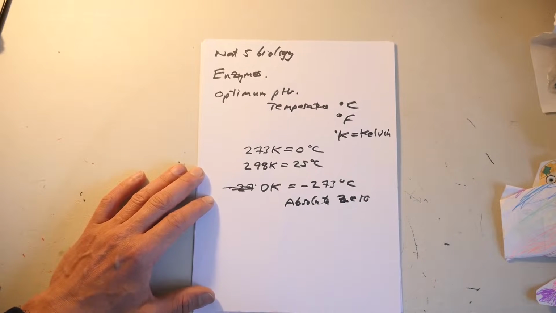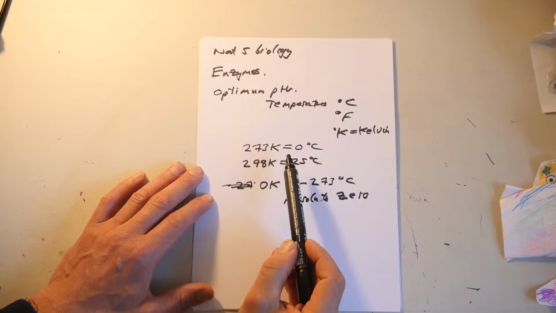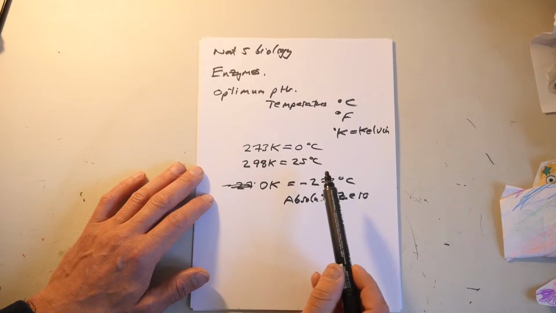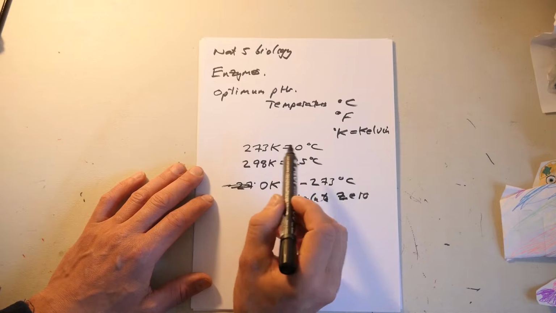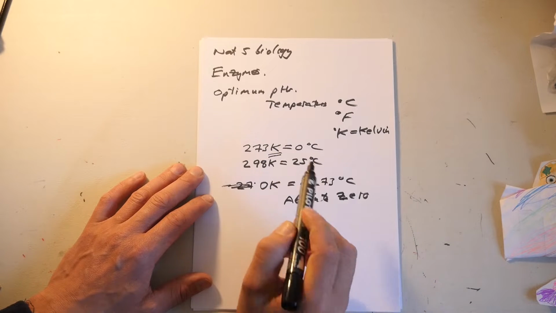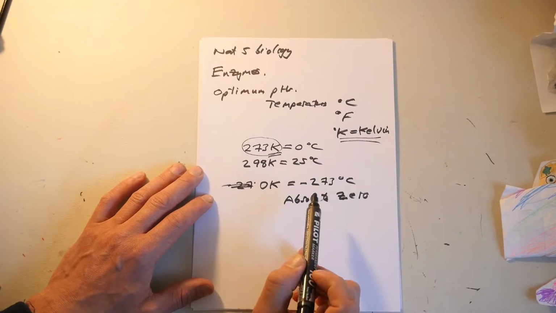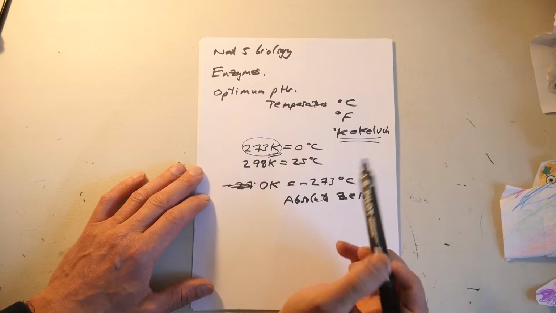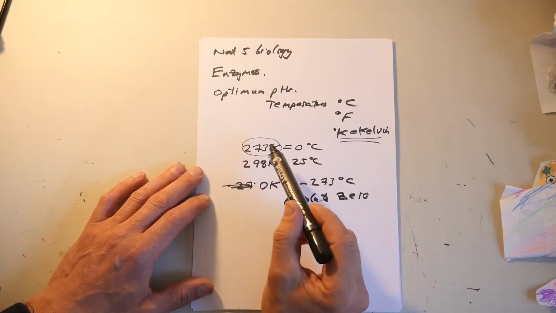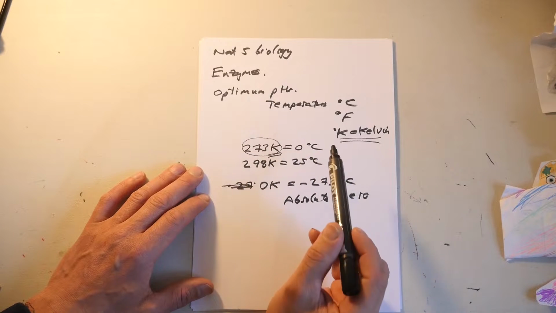This is normally when you're in chemistry labs, biochemistry labs, when you're working in scientific labs, you actually work in Kelvin, okay? You work in Kelvin, not centigrade and Fahrenheit. So 273 degrees Kelvin is 0 degrees centigrade and so on.